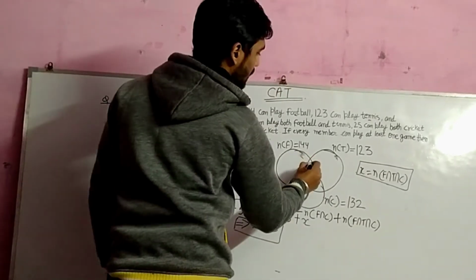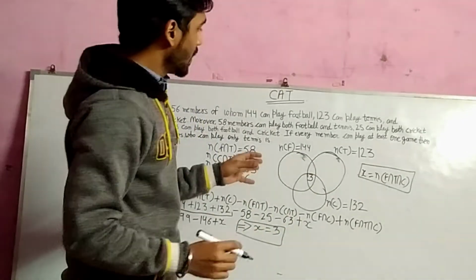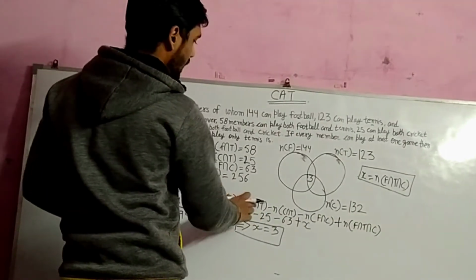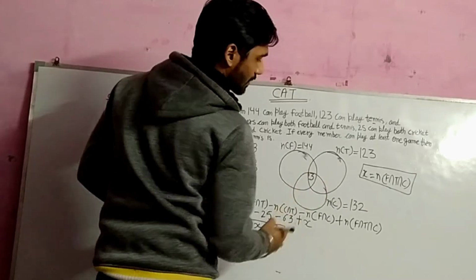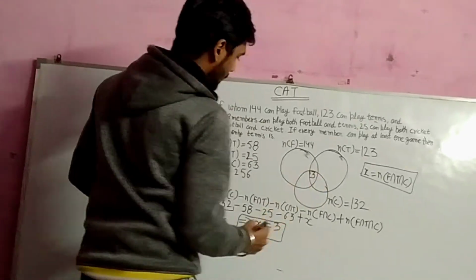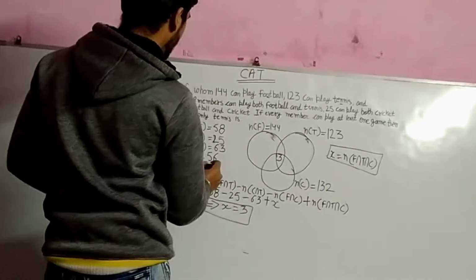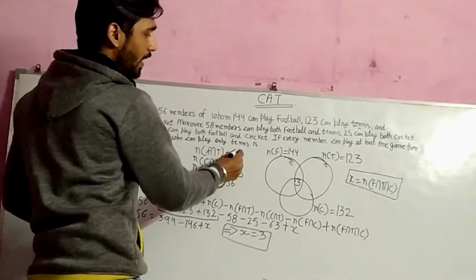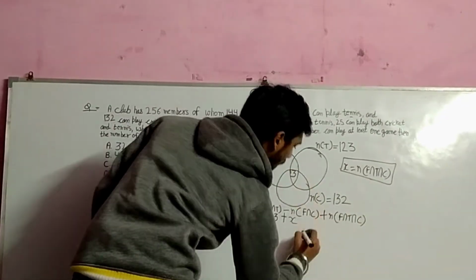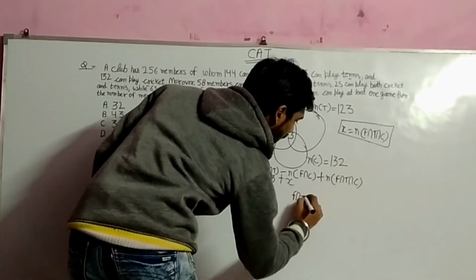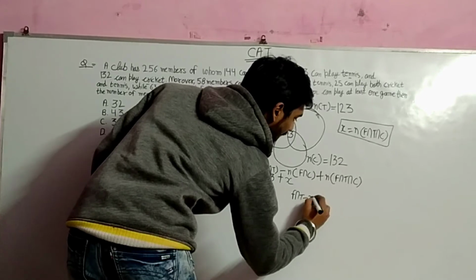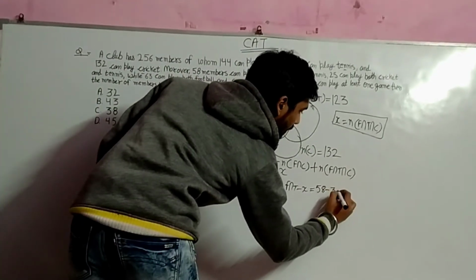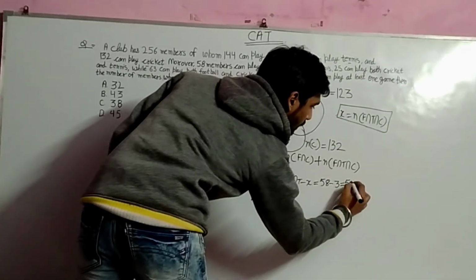So the value of X is known to us, that is 3. What is this region? This region is the intersection of F and T minus X, because the 58 also includes X. So this region is F intersection T minus X, that is 58 minus 3, which comes to 55.